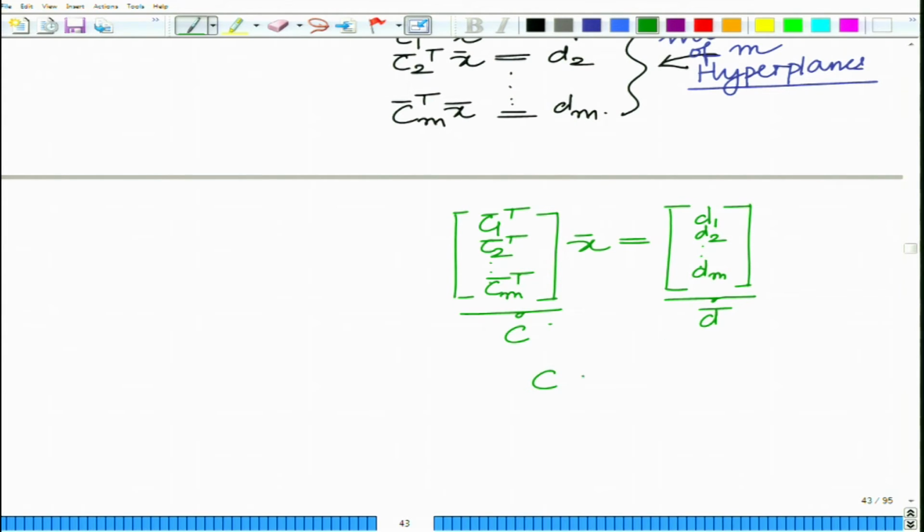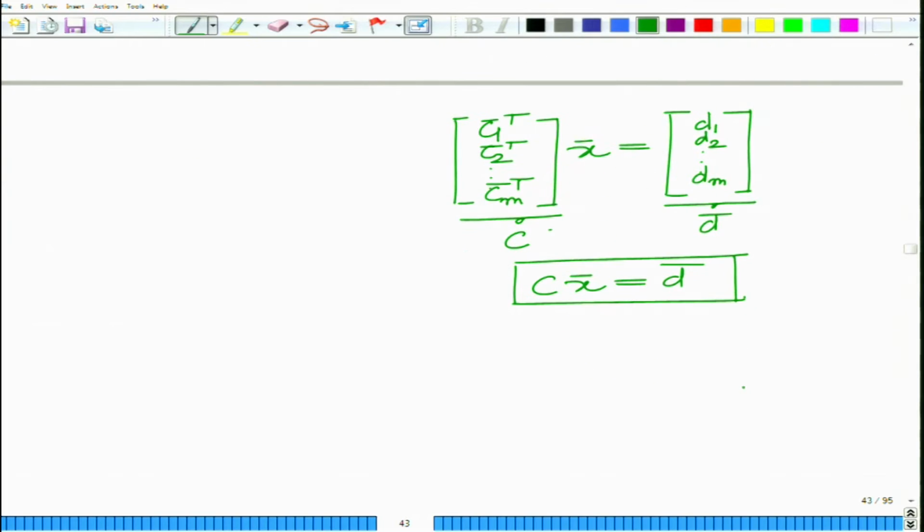So, we have the matrix C and the vector D bar, so C x bar equals D bar. This is a compact way of representing an intersection of hyperplanes.